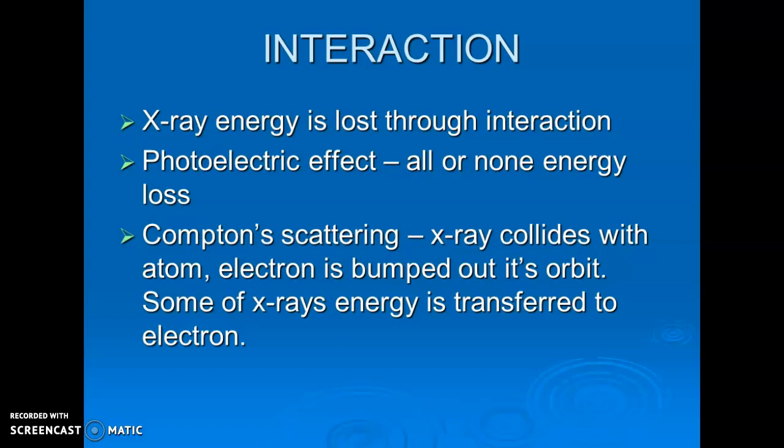Then that electron is going to go around trying to find another atom to be in. So that's photoelectric effect. Compton scatter, the X-ray collides with an atom, the electron is bumped out of its orbit, the X-ray lost some of its energy, but didn't take its spot. So again, back to our visual of playing pool. So you hit the cue ball, let's say you're breaking the original triangle.